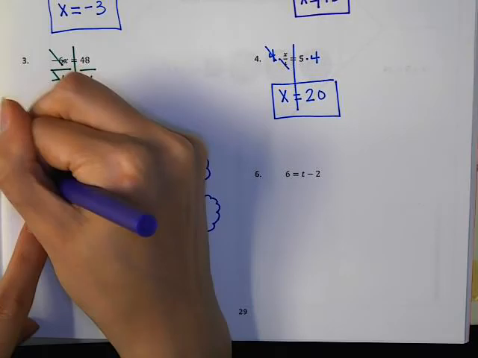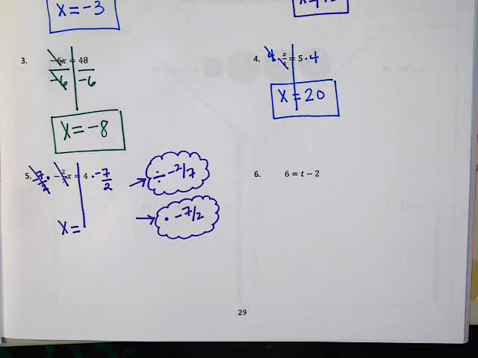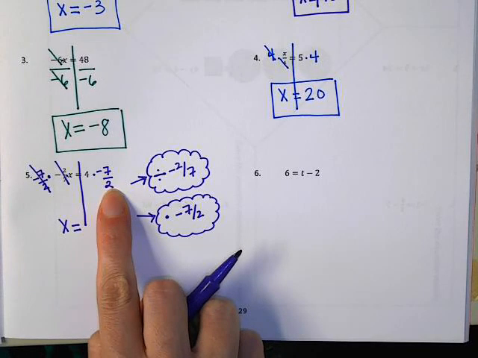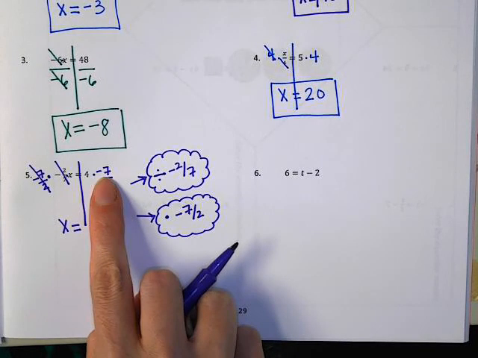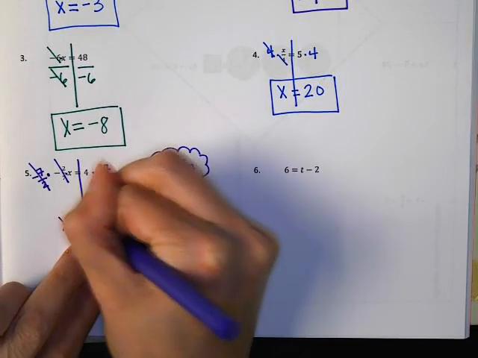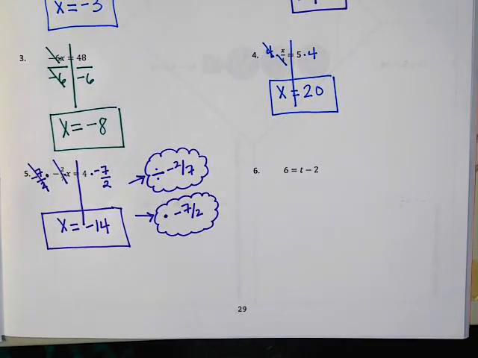Okay, the inverses undo each other, and we're left with x equals 4 times negative 7/2. You can do it in the calculator, or 4 times negative 7 is negative 28, divided by 2 is negative 14. So either way you guys do it, let's see if you get negative 14.